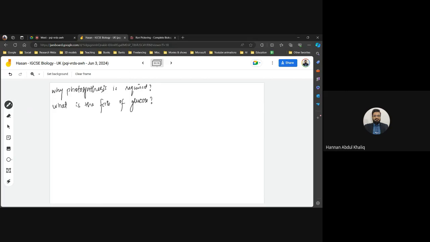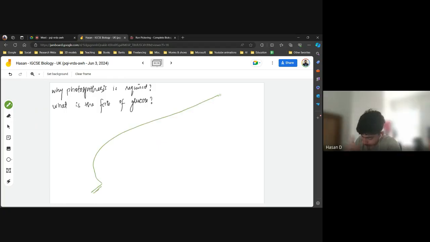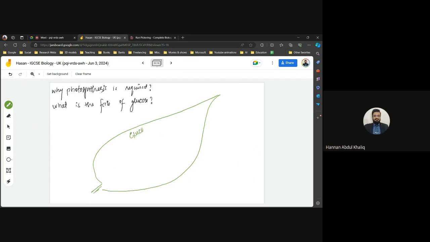So let's see. When the leaf has done making the glucose, now it could be used to, if the glucose is extra, we convert it into starch, and starch could be present in leaves and in root.